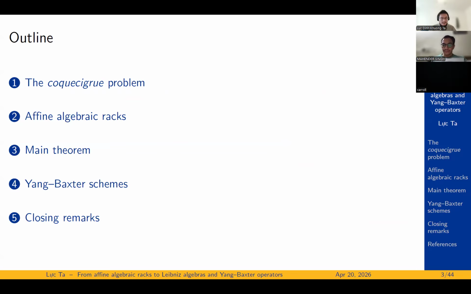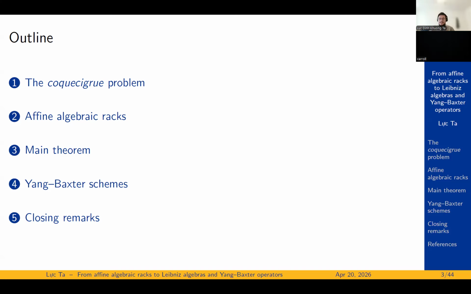All right. So today I'm going to start by discussing the problem that motivates these objects, affine algebraic racks. Then I'm going to talk about their definitions and some good examples. Then I'll talk about our main theorem in response to the motivating problem.